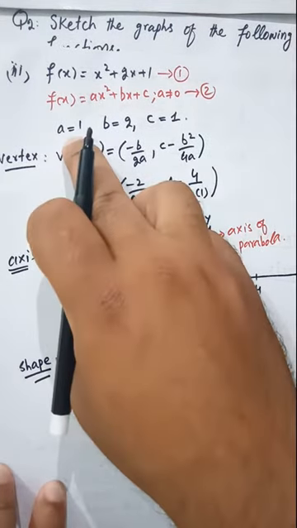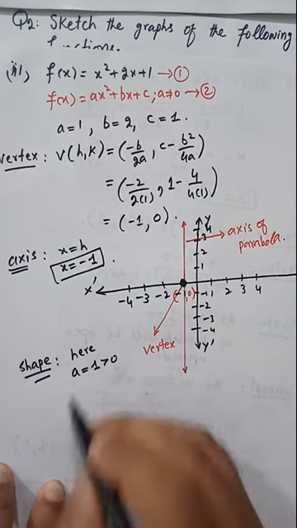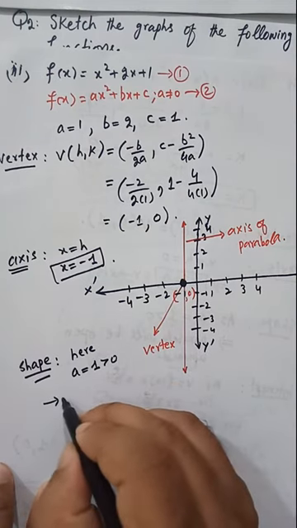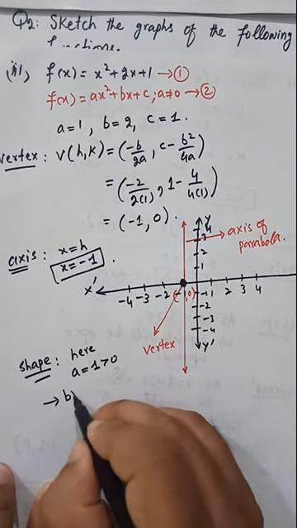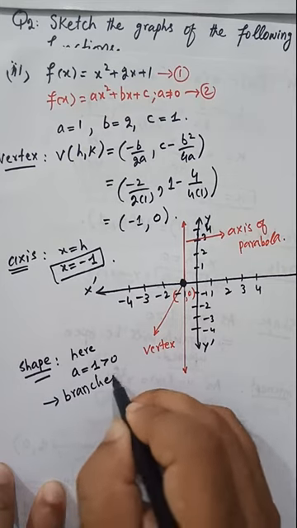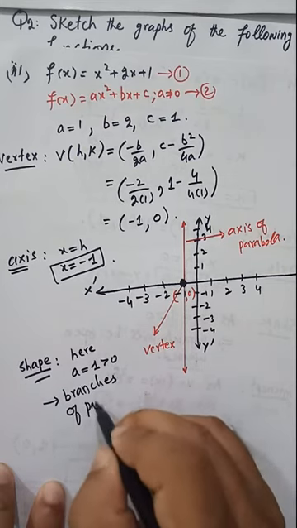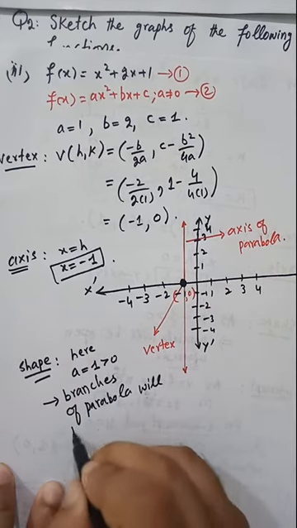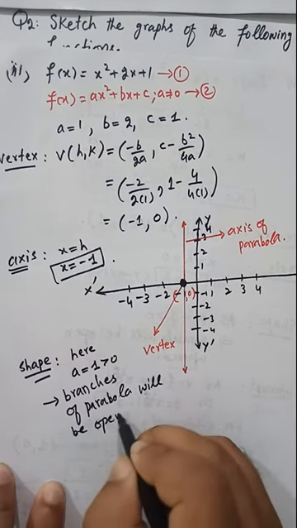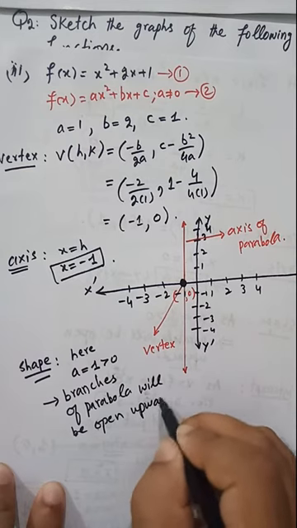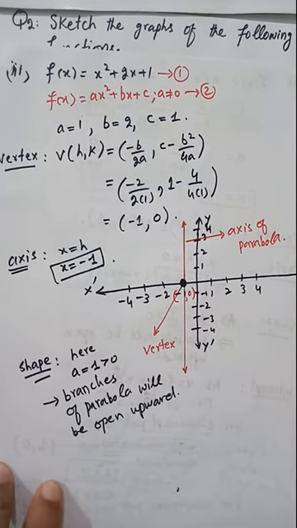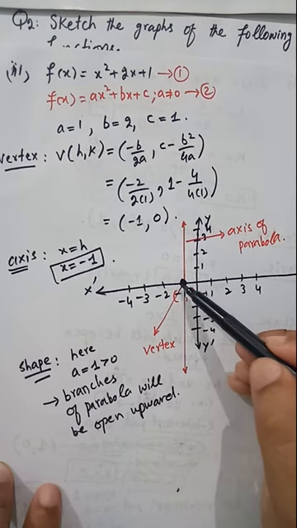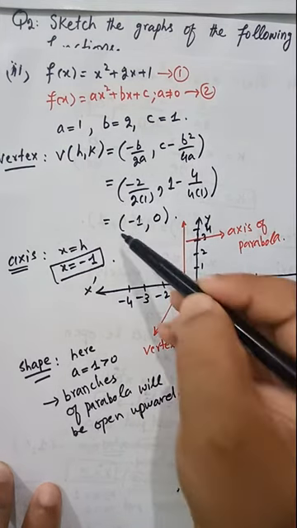You clearly see a is equal to 1, greater than 0, so the branches of the parabola will be open upward.